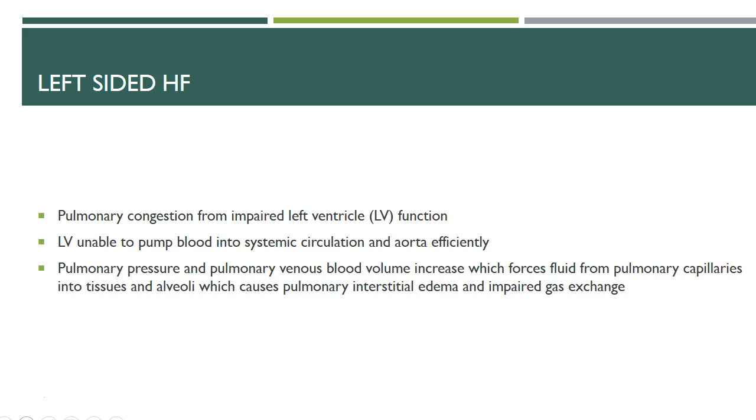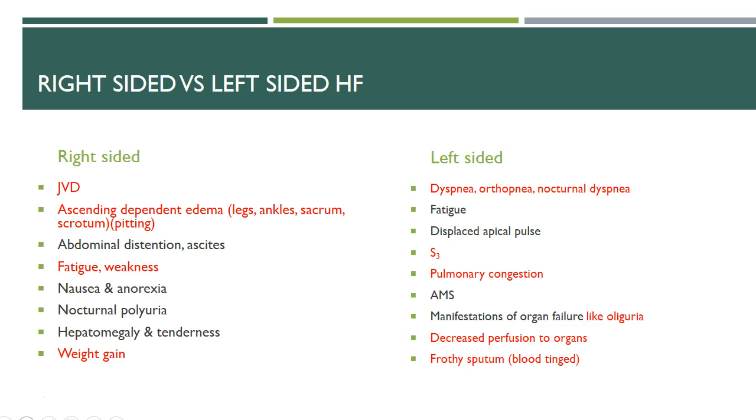So left-sided, pulmonary; right-sided, body. Now, this doesn't mean that you can't have right and left-sided, but if you see right-sided heart failure, you need to think of body, and if you see left-sided heart failure, you need to think of lungs.